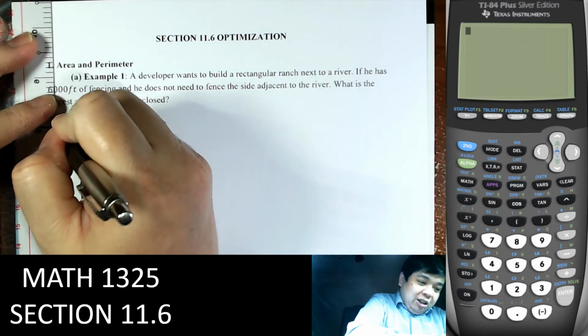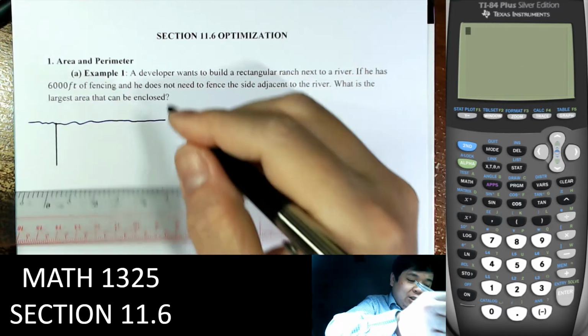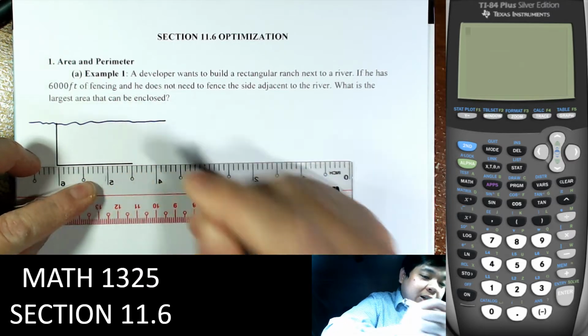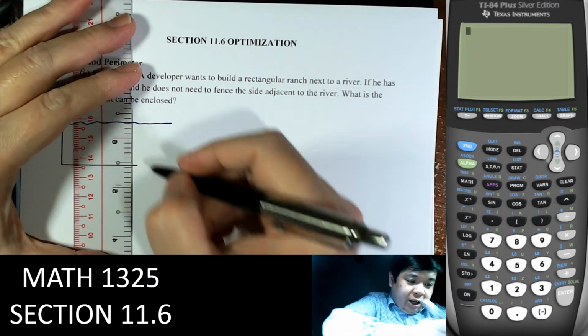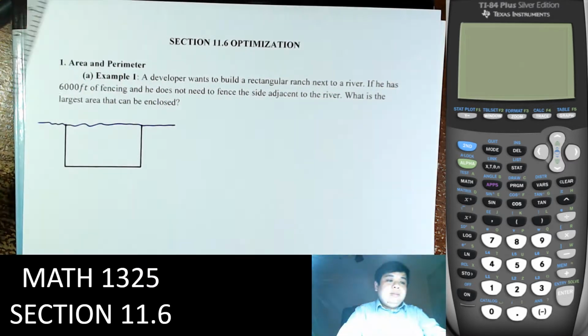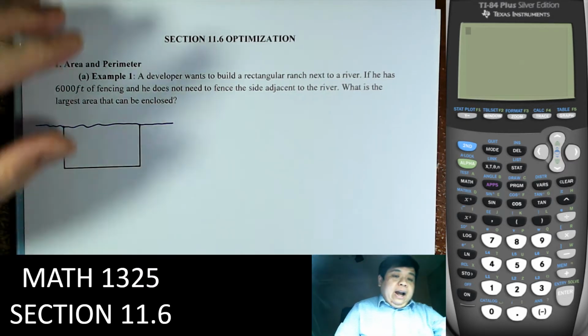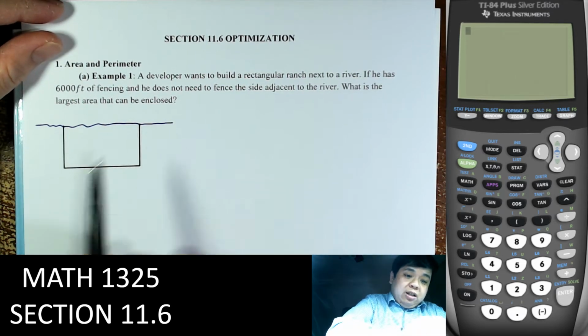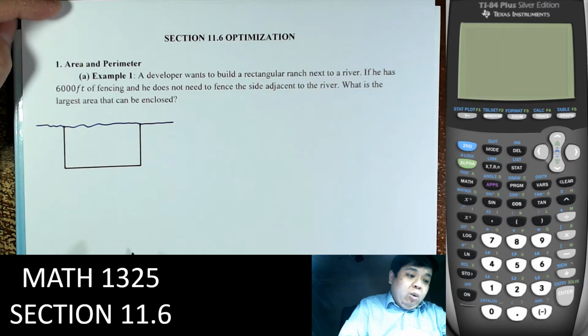We find a rectangular range next to the river, like that. And we have 6,000 feet of fencing. We do not need to fence the side adjacent to the river. What is the largest area that can be enclosed?